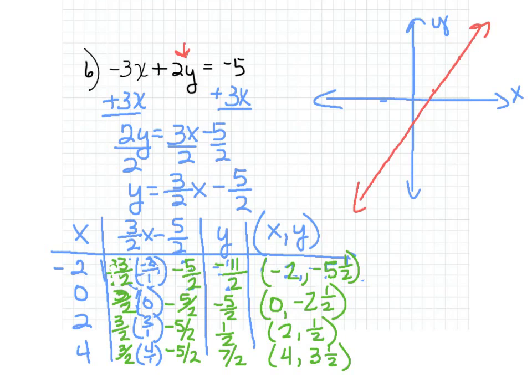Okay, so this one we wound up with fractions to graph anyway. So here are your ordered pairs: -2, -5.5; 0, -2.5; 2, 0.5; 4, 3.5.